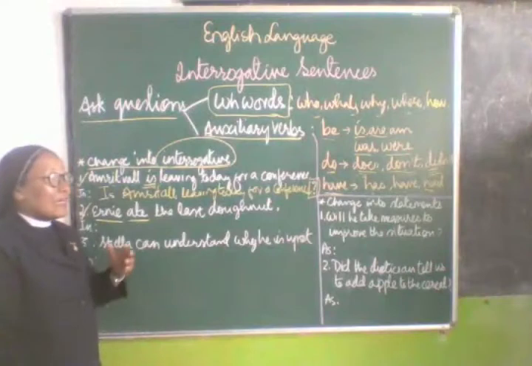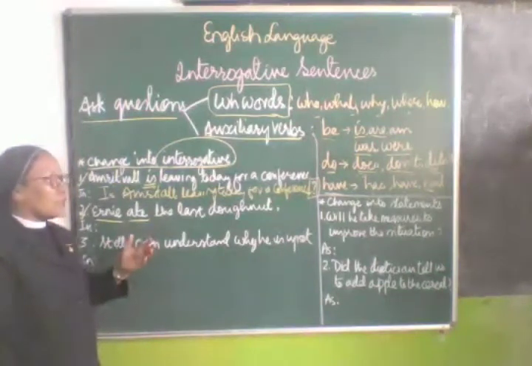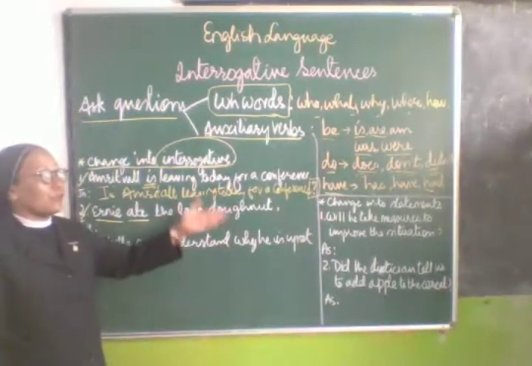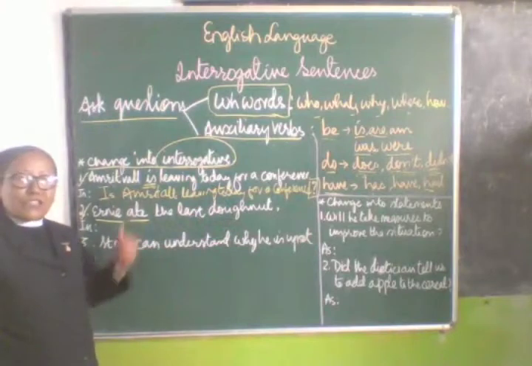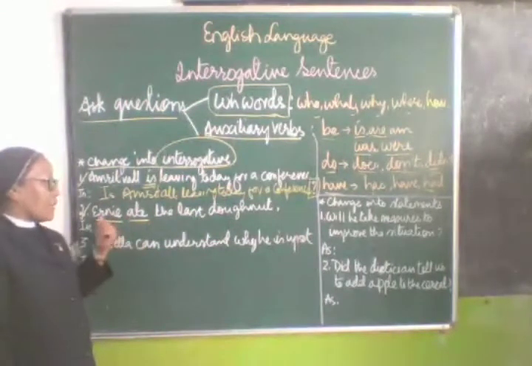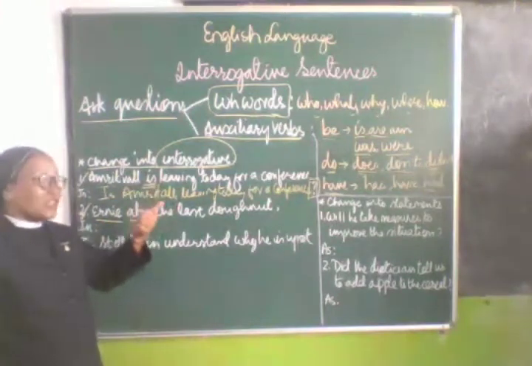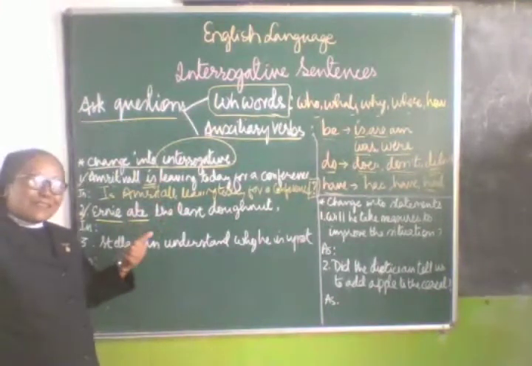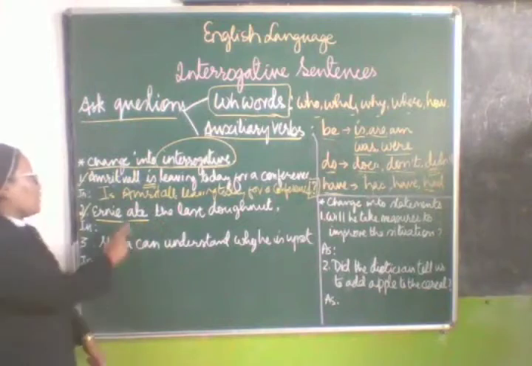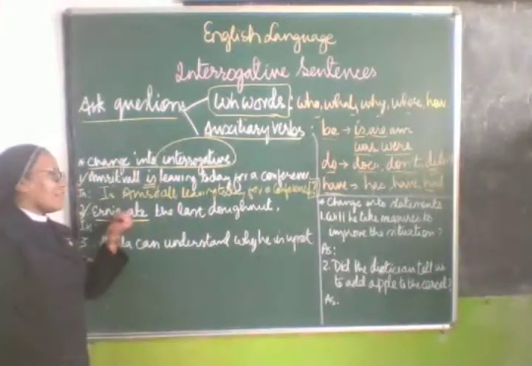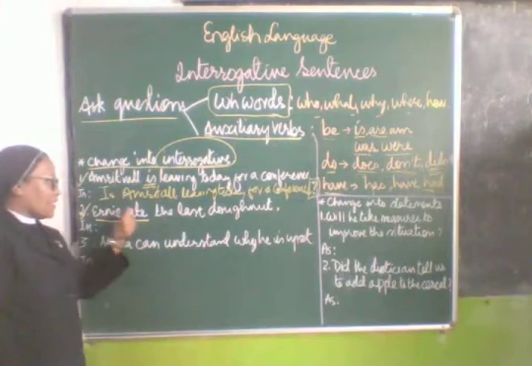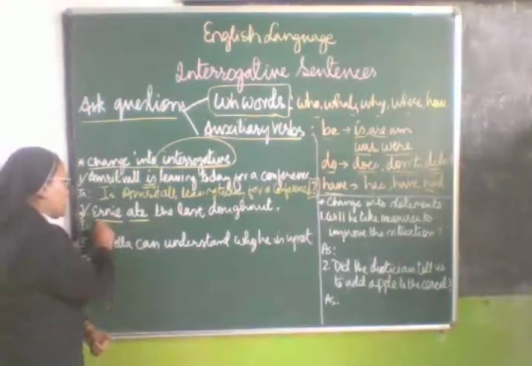Since I cannot use do, I need to use does. But this is in the past form, so the past tense of does would be did. So instead of the past tense, I will be using the auxiliary verb did.